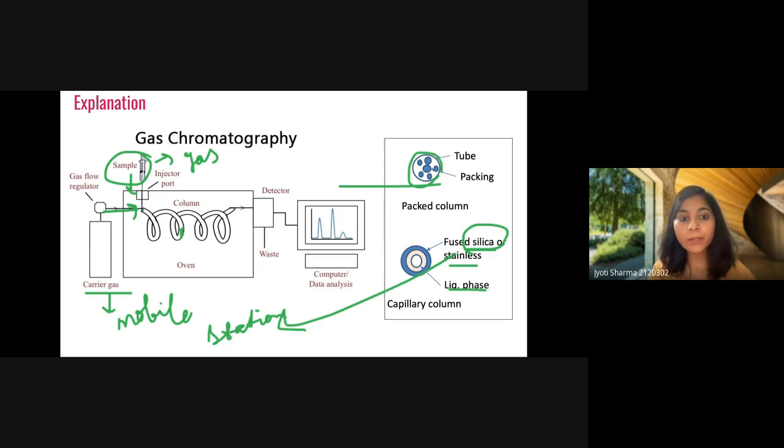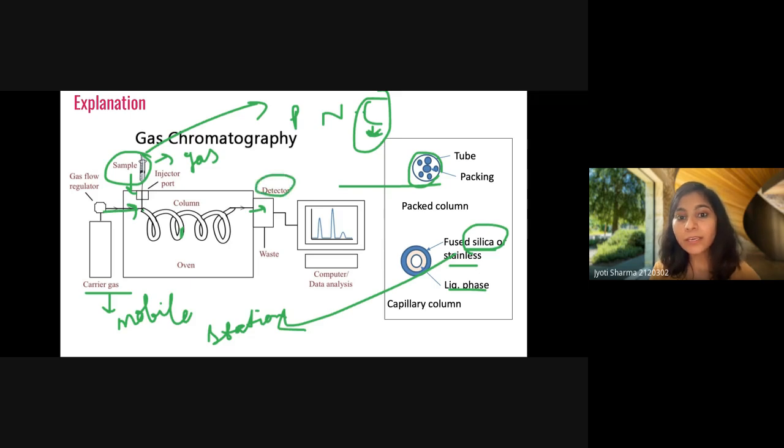Let's say I'm just taking one random example. In the sample we have calcium, nitrogen, and phosphorus. Let's say the tendency of calcium, or the carbon, to attach to the silica is less. Then this will go out first to the detector.